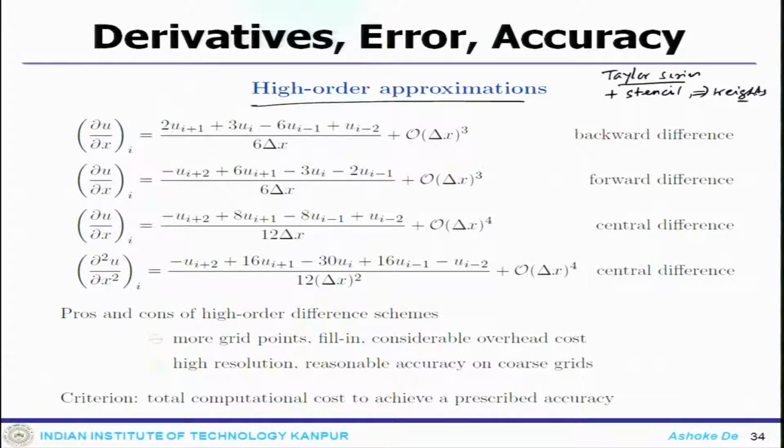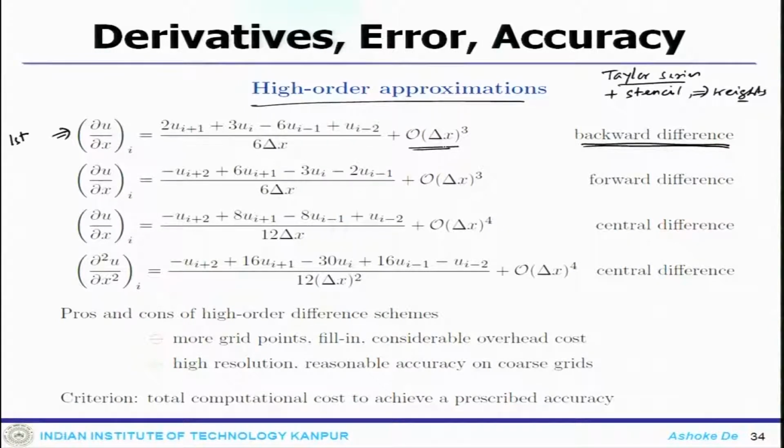For example, let us say someone wants to find out ∂u/∂x, that is a first derivative, but using backward difference scheme. Okay. And the order of accuracy of this is third order.